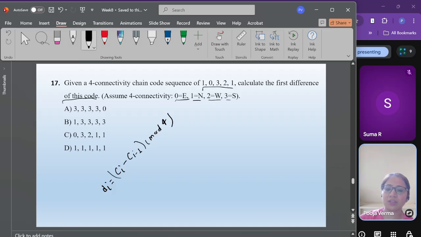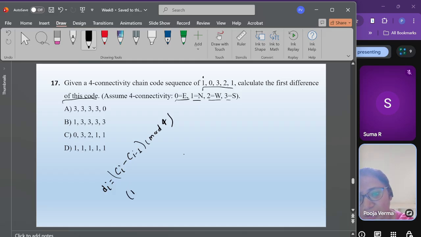So the chain code sequence is given. Now can you calculate? The first element is 1 and the last one is 1. To make a closed loop, for the first point we take the difference from the last point.